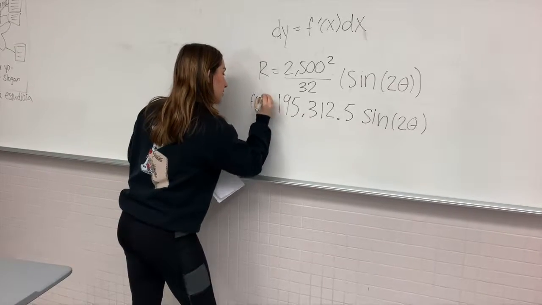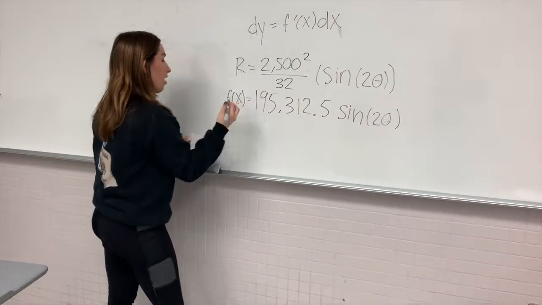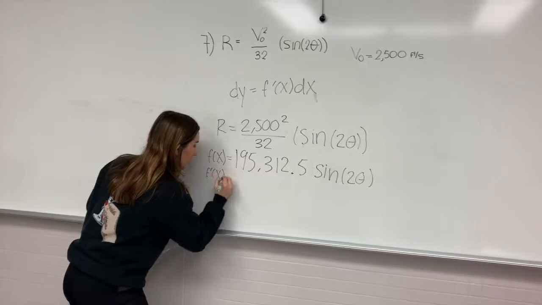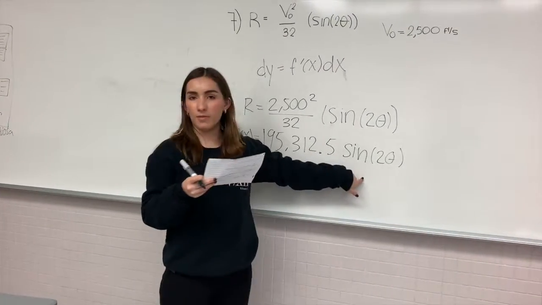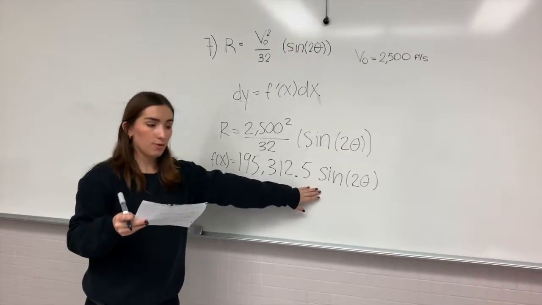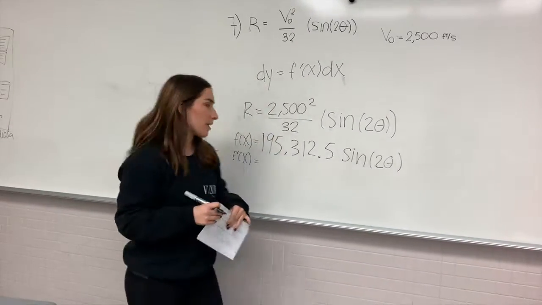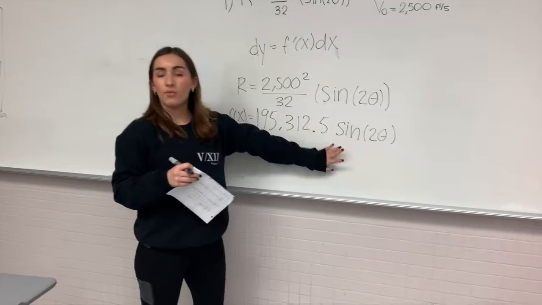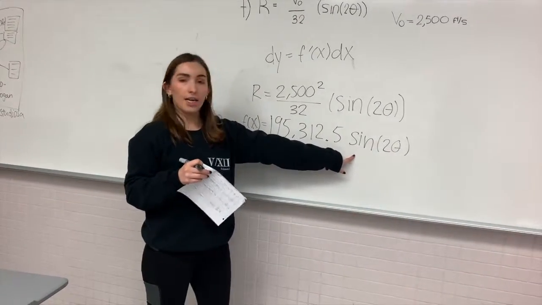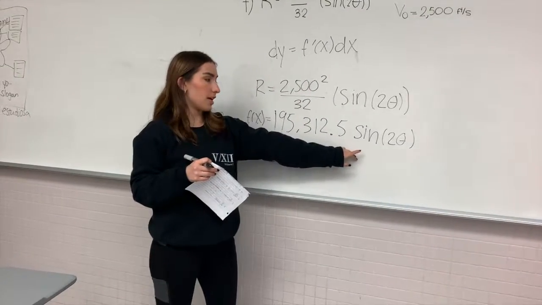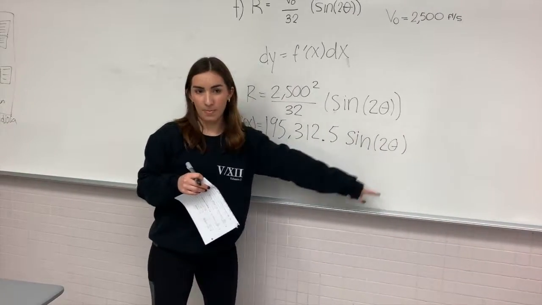Then we're going to differentiate this formula to get the derivative, which we'll call f of x, and f prime of x will be... If you get your formulary, you'll be able to see that when you differentiate sine, the derivative of sine will be cosine u times u prime.